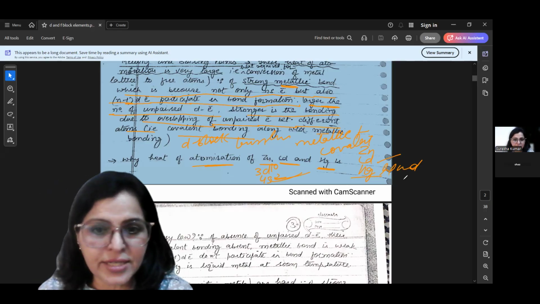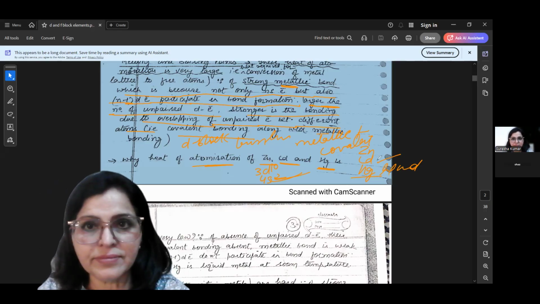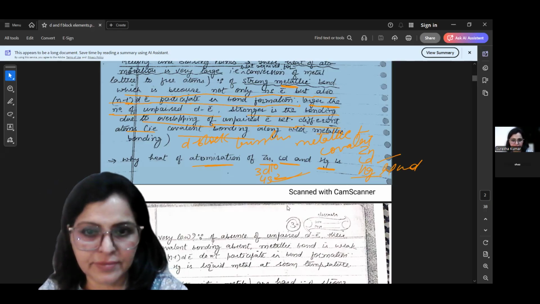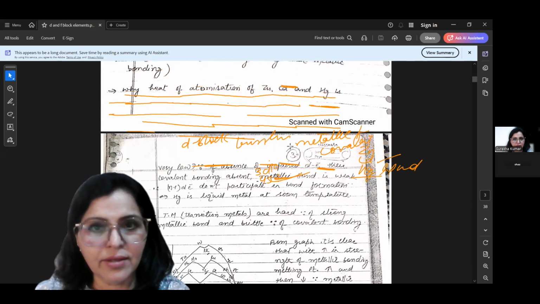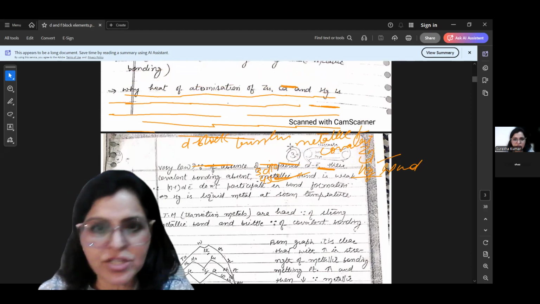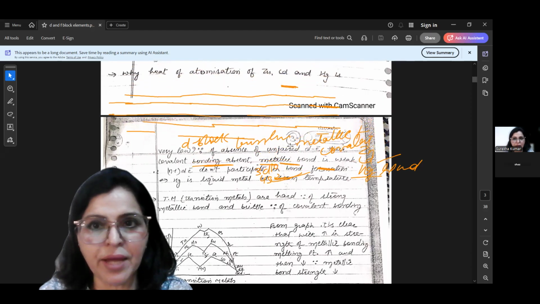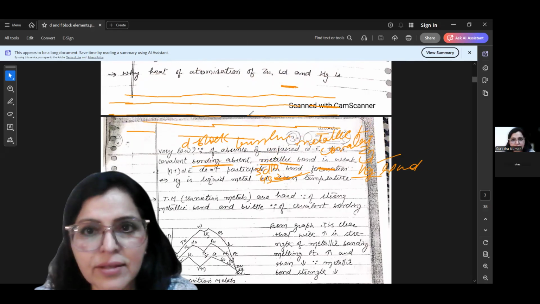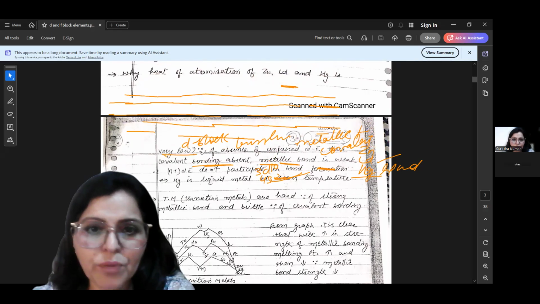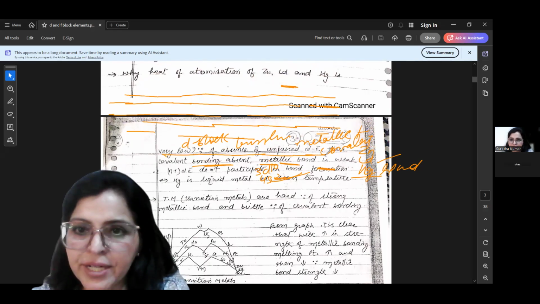So next, the heat of atomization of zinc, cadmium, and mercury is very low because of the absence of unpaired d electrons.